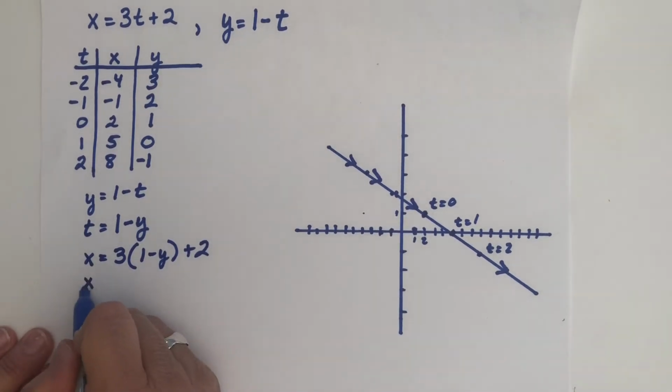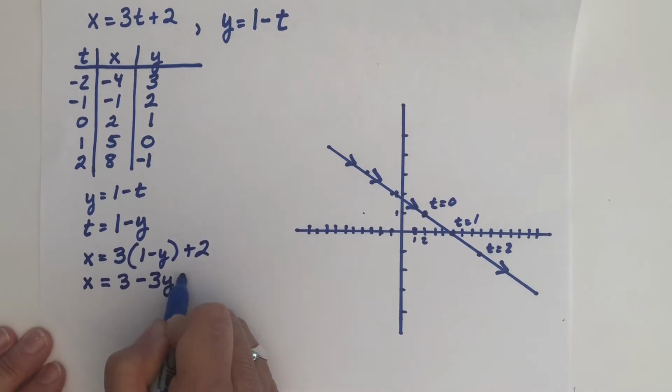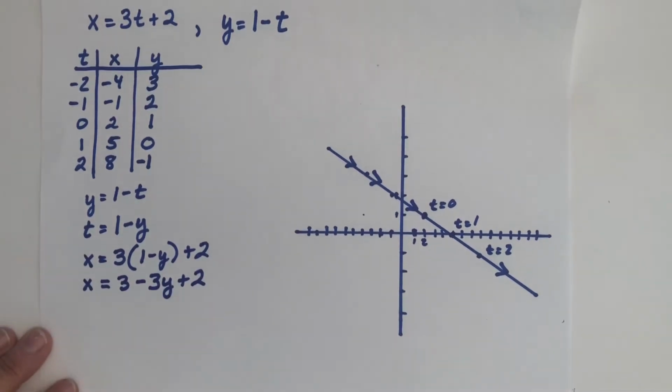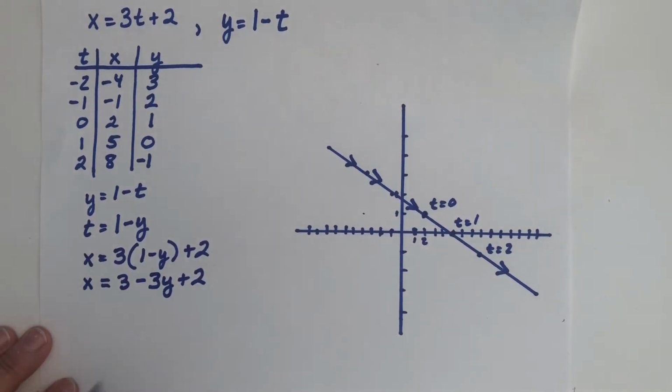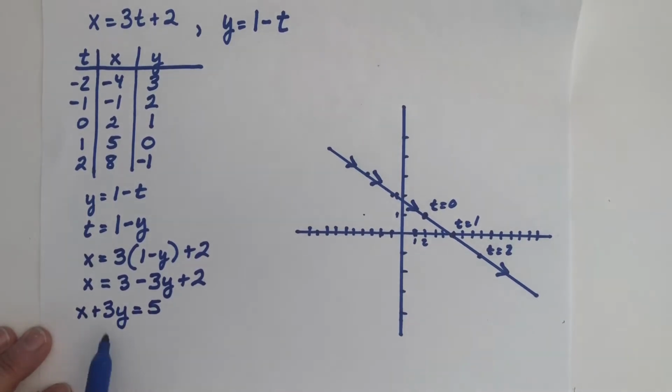So my equation is x equals 3 minus 3y plus 2. And if I put the x's and y's on the same side, I would have x plus 3y equals 5. And we recognize that, I hope, as a linear equation in rectangular form.